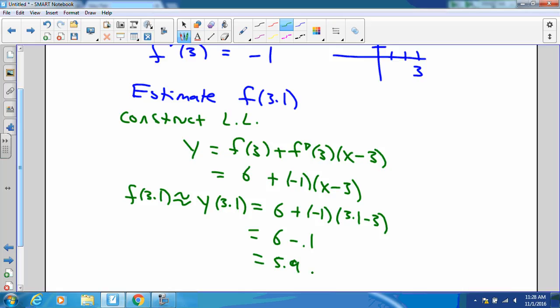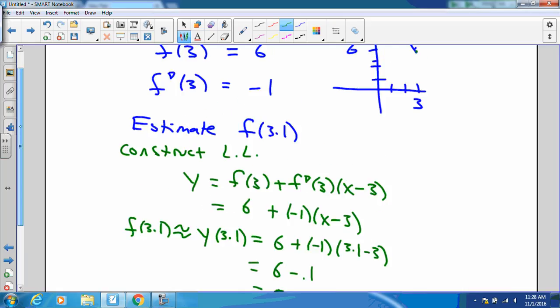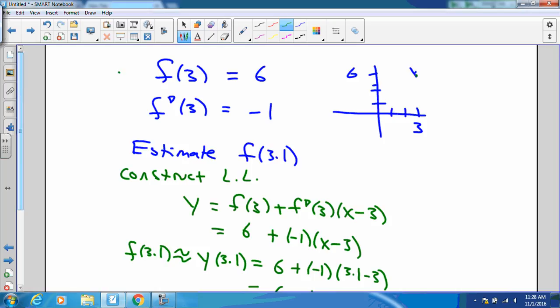Yeah, that's right. So I can estimate values knowing only two pieces of information: the value of the function at that point and the slope of the tangent line. In other words, where I am and where I am going gets me close to where I need to go.